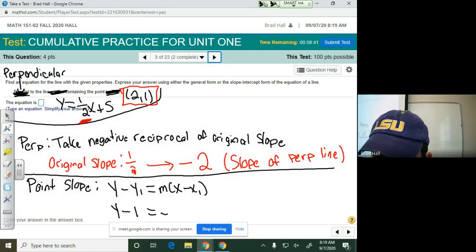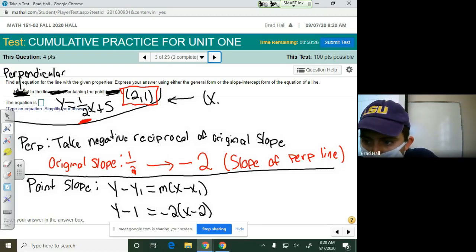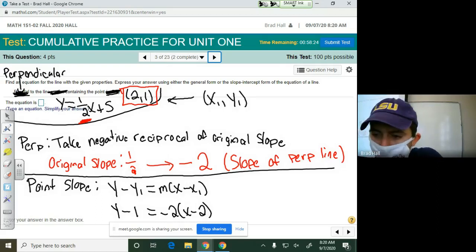I'll go ahead and fill in the values. So notice I'm getting those values from here. Up top, where the point is given, that's where I'm getting x1 and y1, and I'm plugging those in exactly.